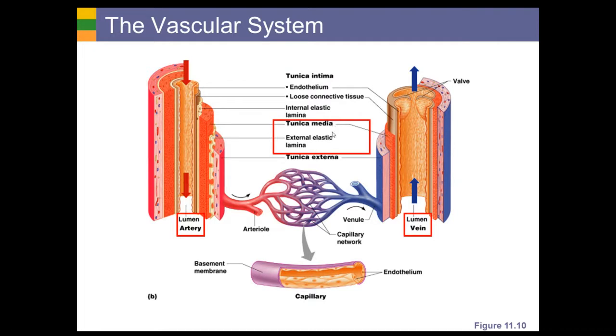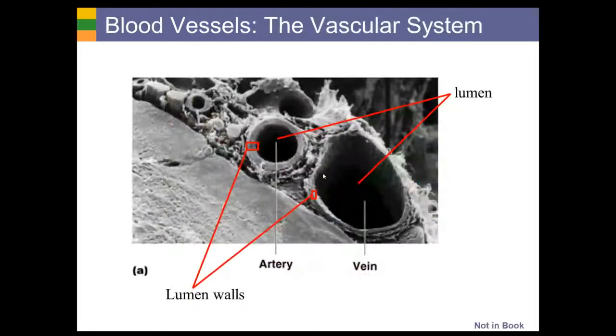Let's move to the second coat, which is the tunica media. The tunica media is mainly composed of smooth muscle. Notice that in the artery, it's much thicker than in the vein. Do you see that? That contributes to the overall greater thickness in the wall of an artery compared to a vein.